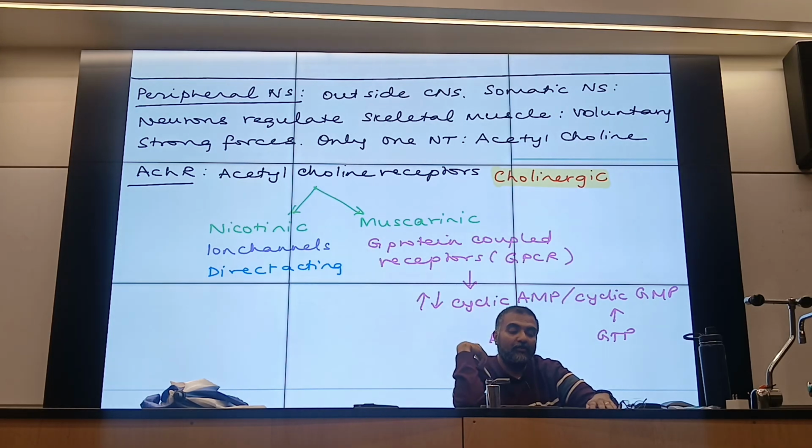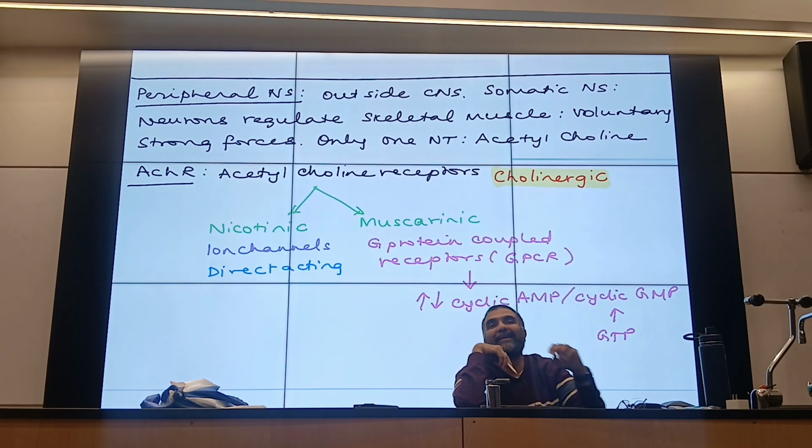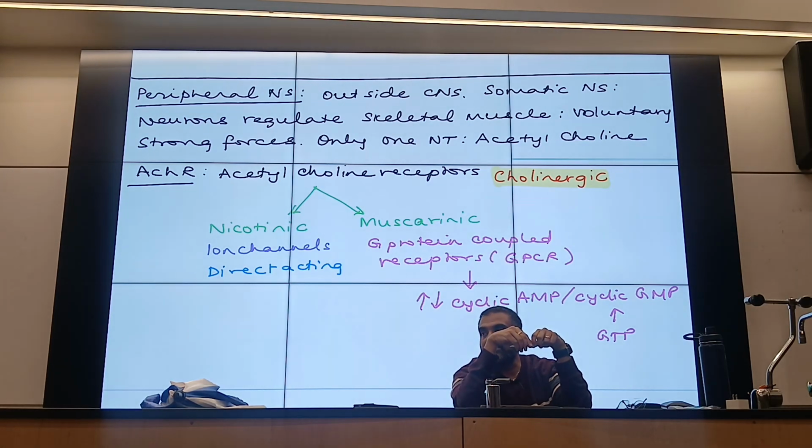All right, so in skeletal muscle, and I need you to know this, the cholinergic receptors are 100% nicotinic. 100%, when something's 100%, you better write that down. In skeletal muscle, 100% of the cholinergic receptors are nicotinic, which means the action of acetylcholine in skeletal muscle is instant, correct?